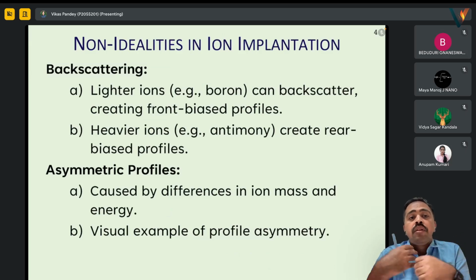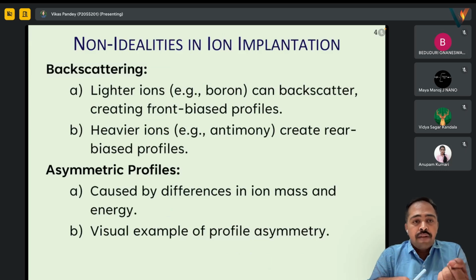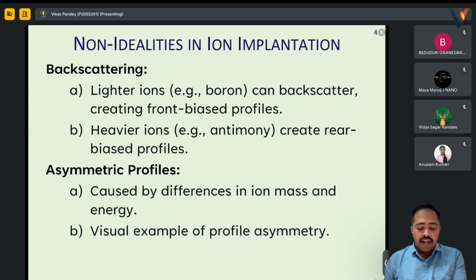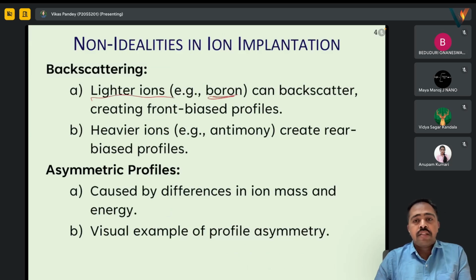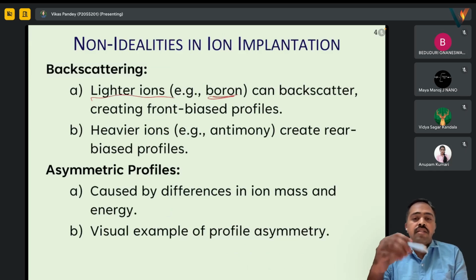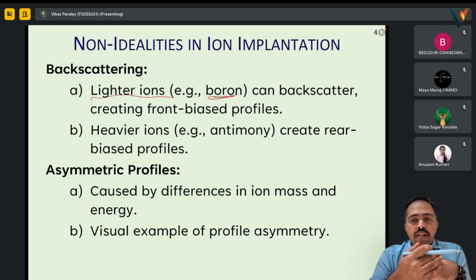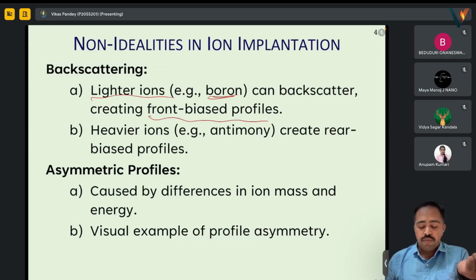But there are some non-idealities associated with ion implantation, like backscattering, where the lighter ions, like boron, can scatter instead of penetrating inside the silicon. They might get reflected, and that causes something called a front biased profile.